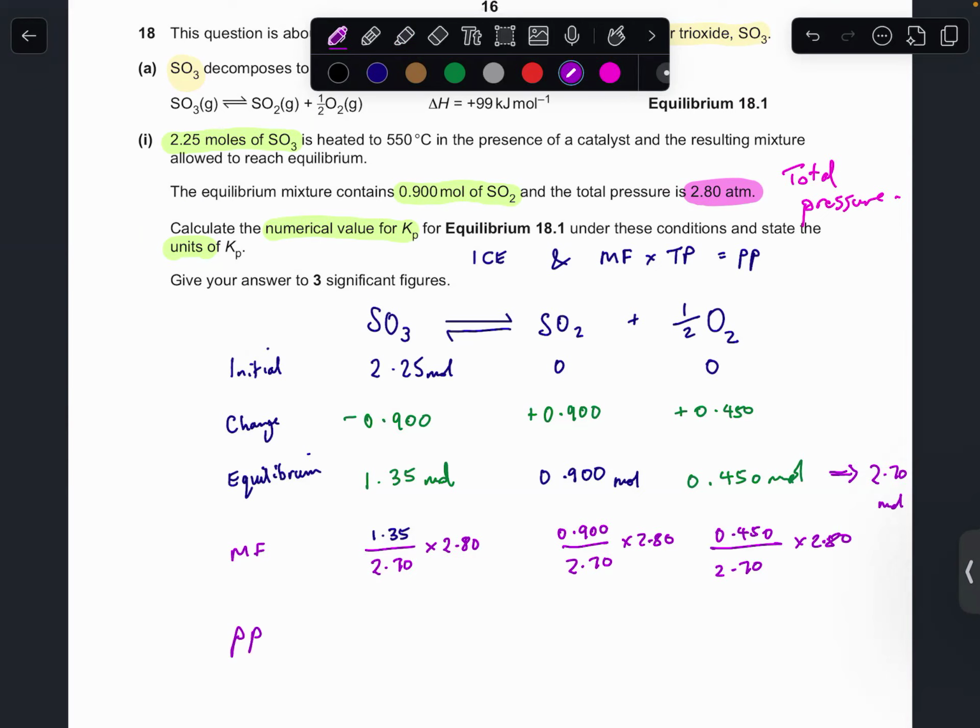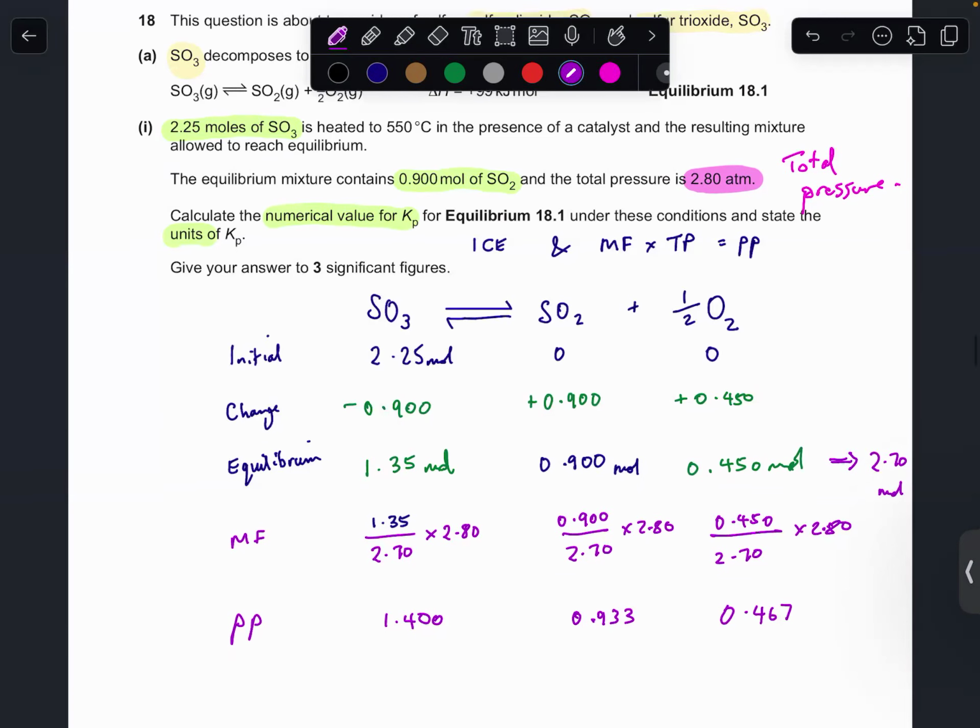So working this out: 1.40, and the last one, 0.467. So we've got our partial pressures down.